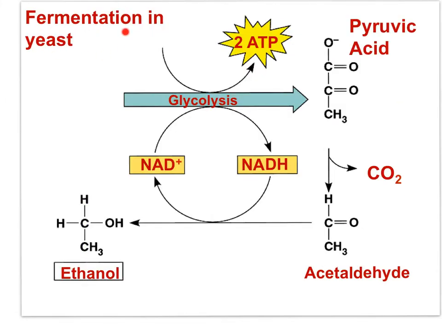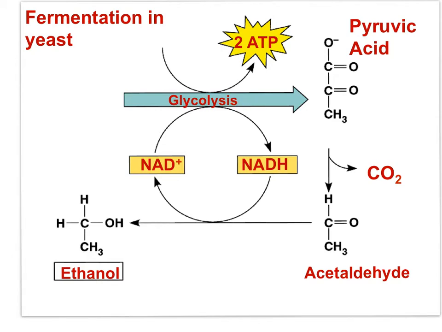In yeasts, when oxygen is not present, pyruvate is fermented to ethanol with the loss of carbon dioxide. This loss of carbon dioxide is called decarboxylation. Notice how the NADH is oxidized as the organic intermediate is reduced. This allows NAD plus to be regenerated to make it available for the oxidation of organic intermediate molecules in glycolysis.